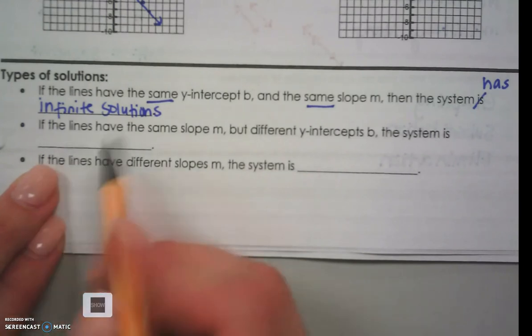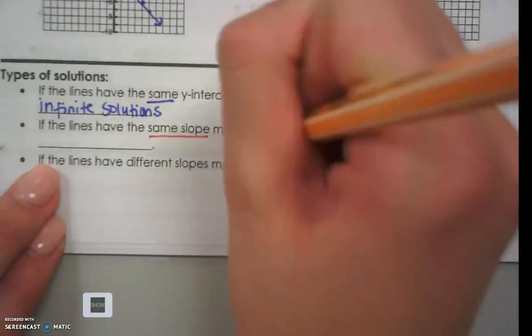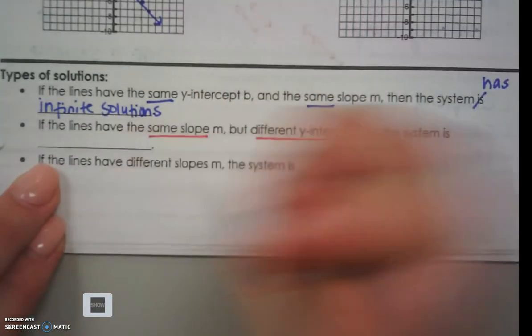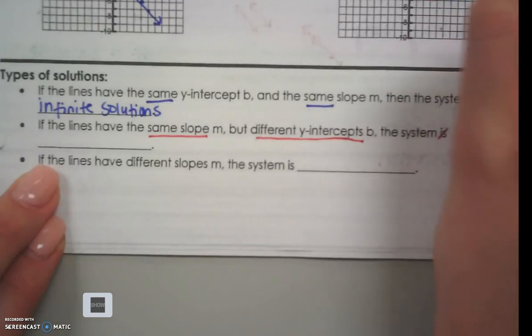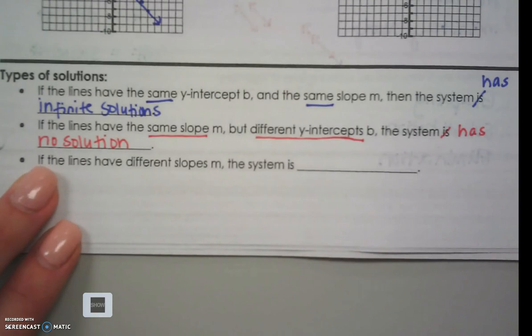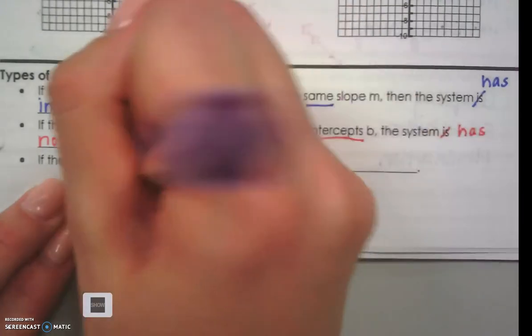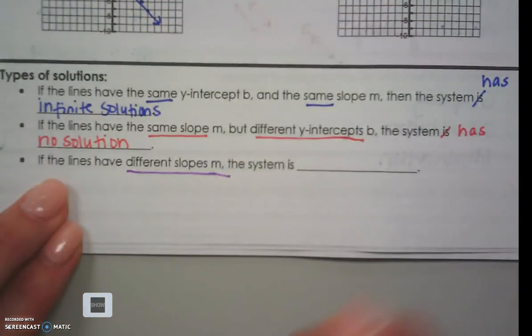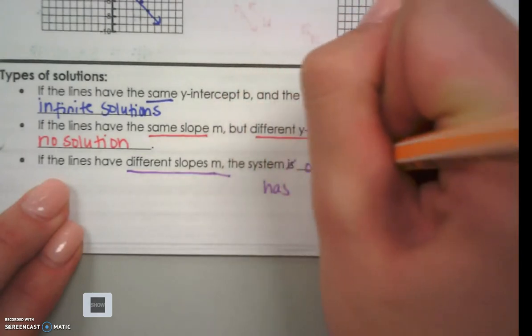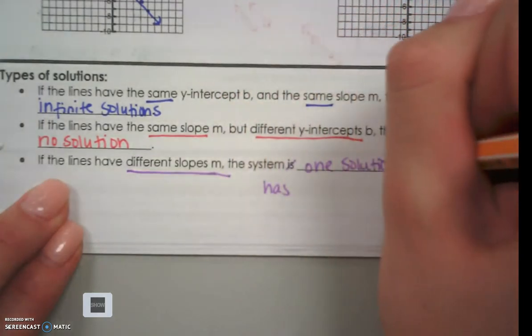If the lines have the same slope and different y-intercepts, then the system has no solution. Same slope and different y tells me I have parallel lines. That is no solution. If the system has just different slopes, y-intercept doesn't matter, then that system has one solution, or one intersection.